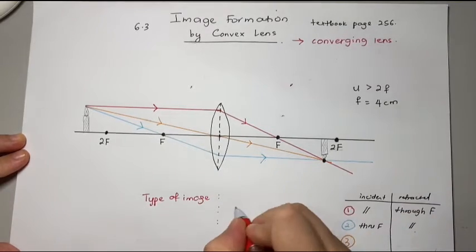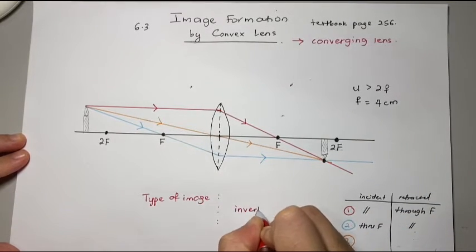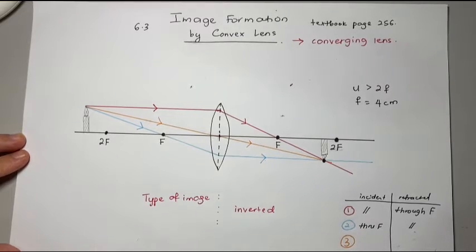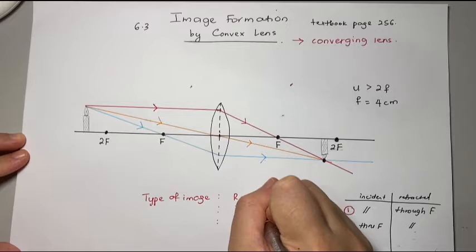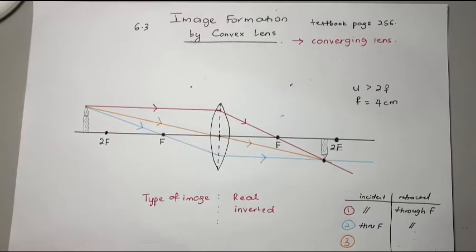Number one, it is inverted. Since it is inverted, is it real or upright? Alright, it is real. Remember, if it's real, it's always inverted. If it's virtual, it's always upright.